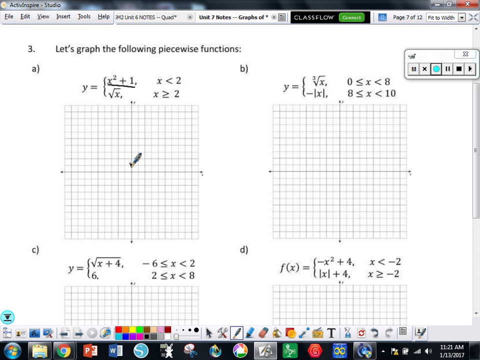So from the vertex, over 1 up 1 on both sides. Go back to the vertex, over 2 up 4. It is possible in your old classes, when you learned it last year, that you learned the 1, 3, 5. I teach the 1, 4, 9, because when you start looking at all the other ones, the patterns themselves.